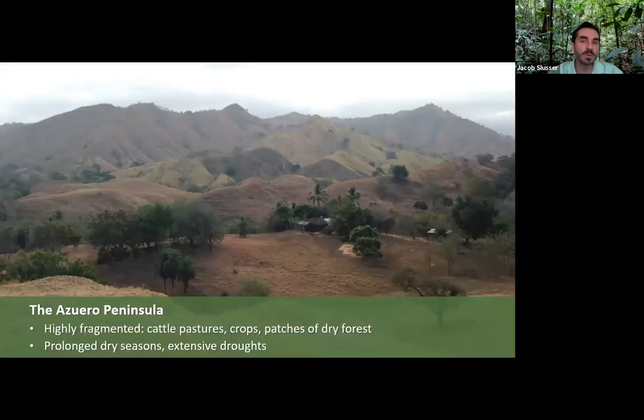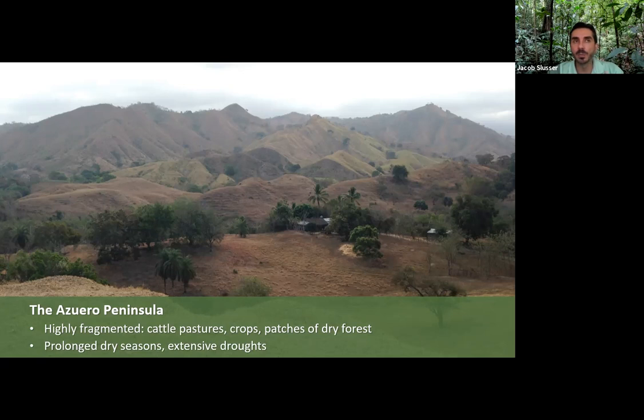And so what we find today in the Azuero is really a highly fragmented agricultural mosaic landscape with a mixture of cattle pasture, crops, patches of secondary dry tropical forest. In general, as I mentioned before, it has very low forest cover, and it's one of the four most degraded regions of Panama.